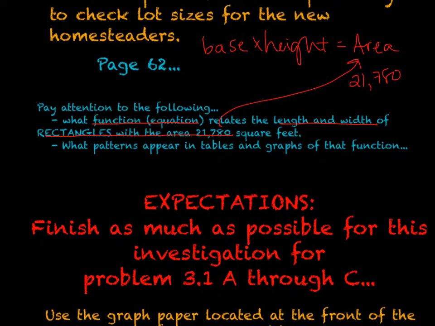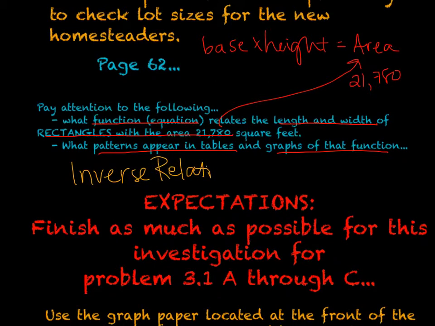And I want you to notice the patterns that appear in tables and graphs of that function. This whole investigation is on what's called inverse relationships. So inverse relationships, if you notice, there is nothing about linear in that name. So most likely these are not going to be linear relationships.